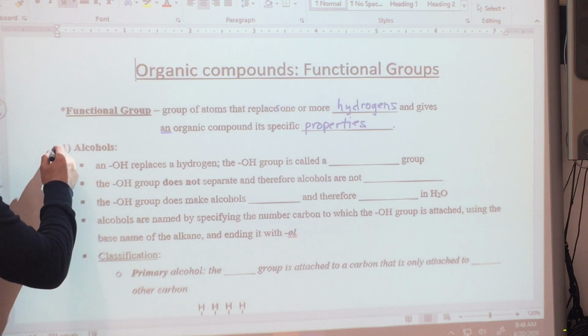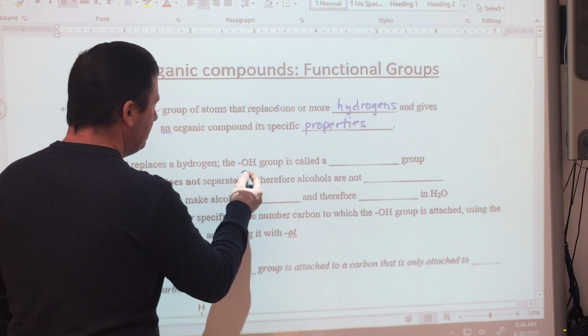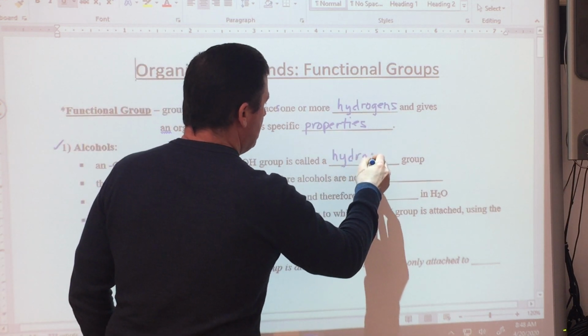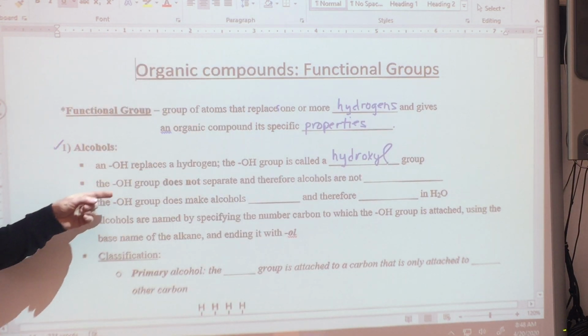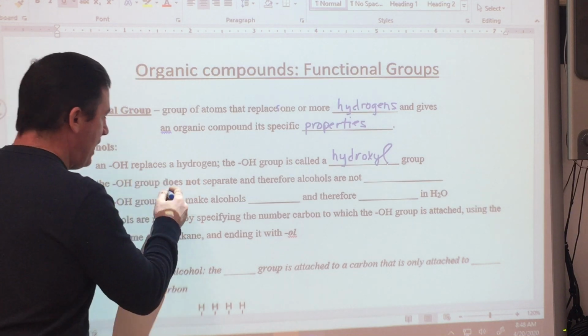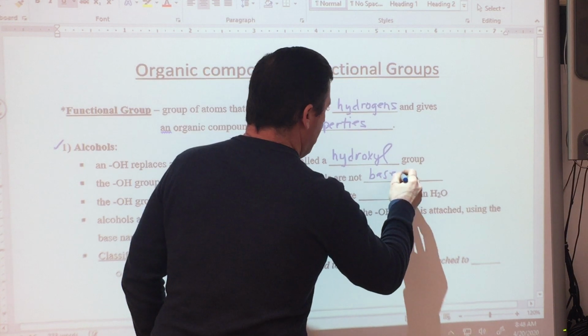Okay, so the first one we'll learn about today is alcohols. An OH replaces a hydrogen. The OH group is called a hydroxyl group. And we've seen this before in bases. So the OH group does not separate. Because of that, they're not bases.